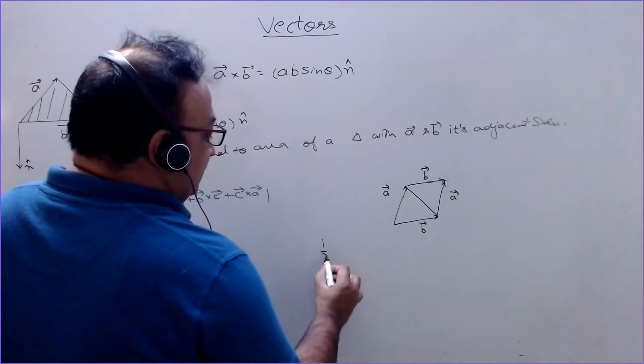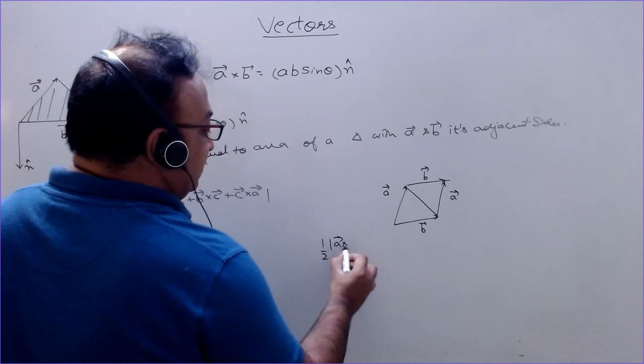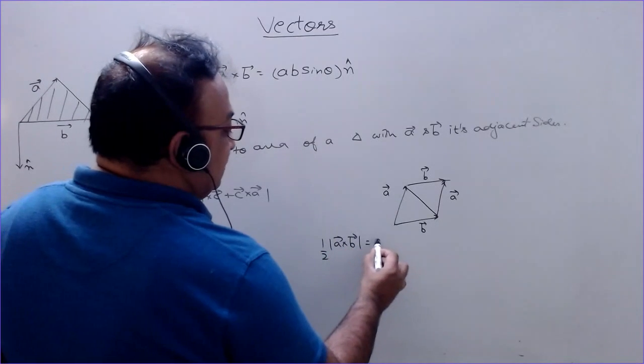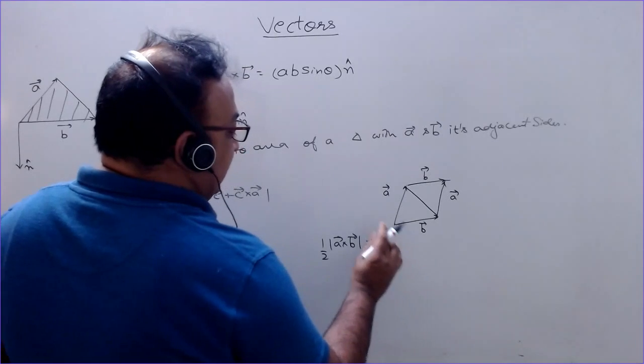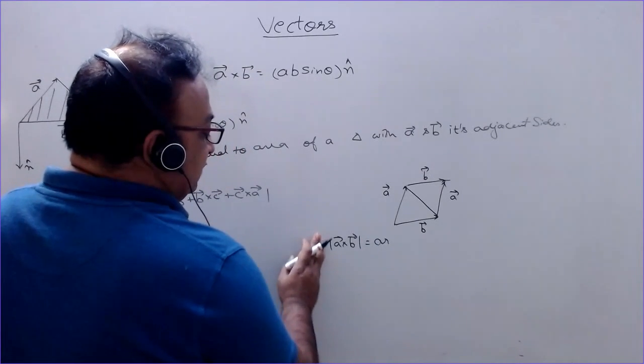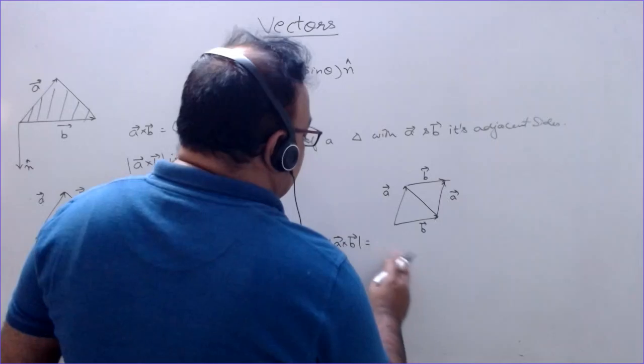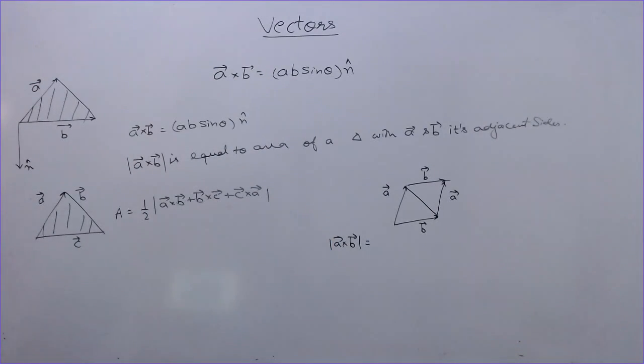So half of the magnitude of A cross B is equal to the area of this triangle. In this case there are two such triangles possible in this parallelogram.